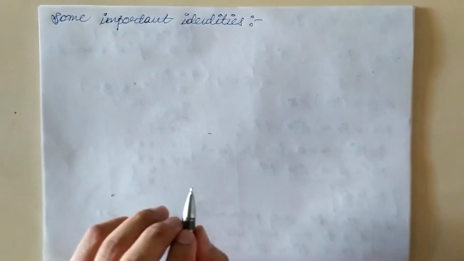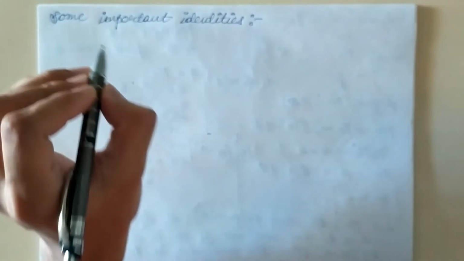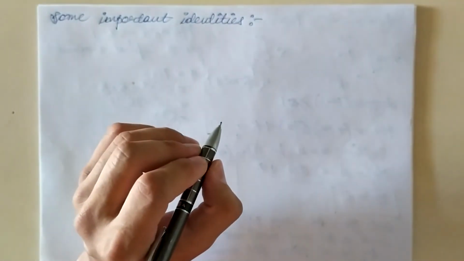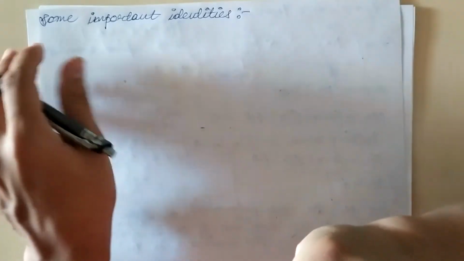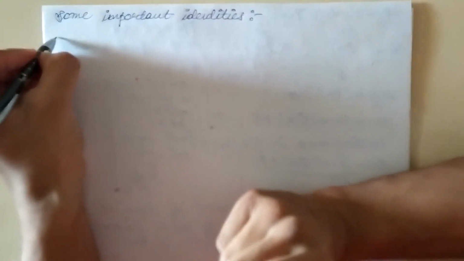So first identity is a cube plus b cube is (a plus b) whole cube minus 3ab into (a plus b).